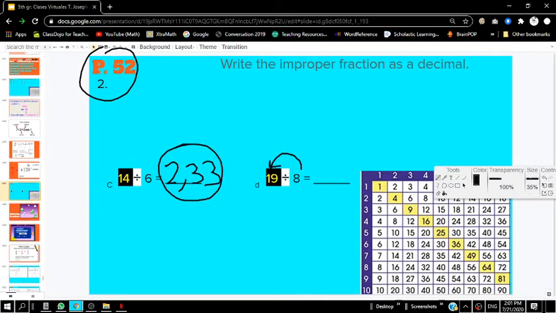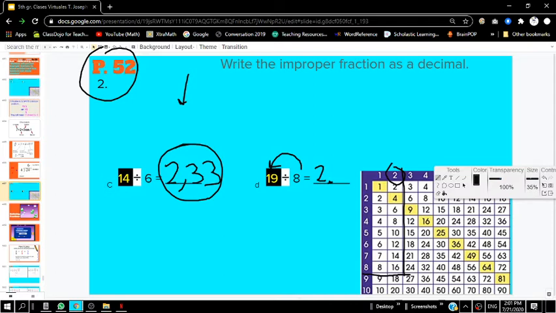Well, if I count by 8s, 8, 16, oh, that's it, just 2 times. So our answer is going to be 2 point something else. This time I'm actually going to use a point. We use points in the United States to separate out our whole numbers and our parts of our numbers, and we use the comma in Costa Rica and other places.